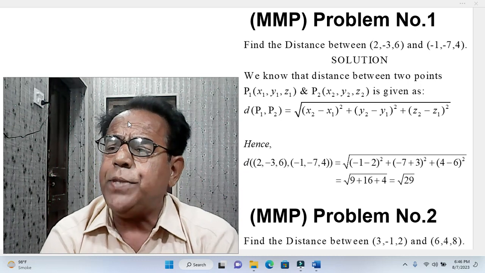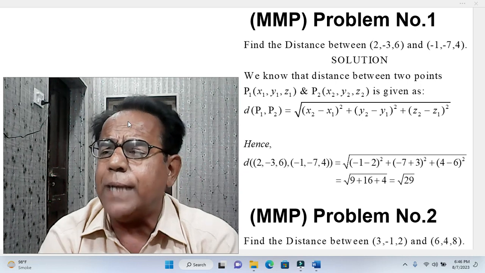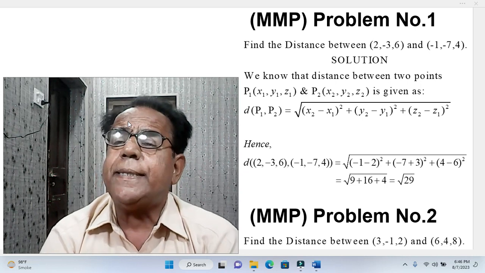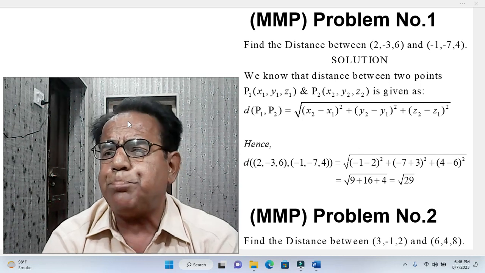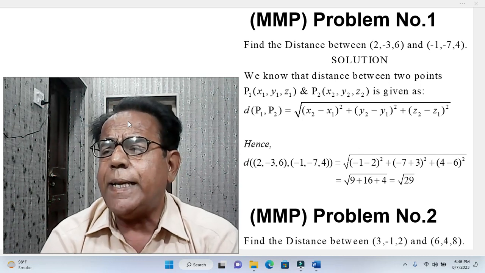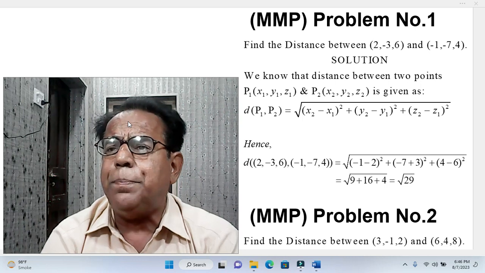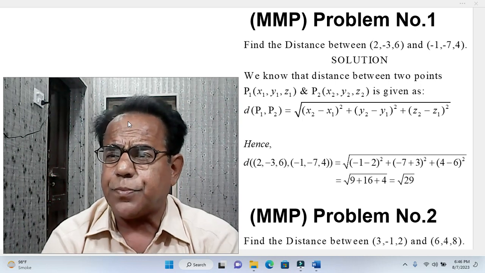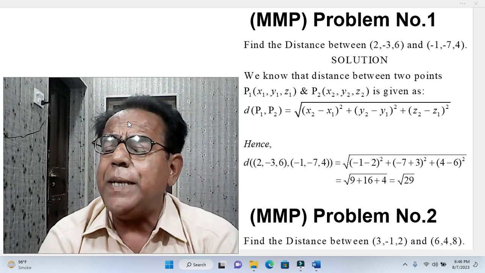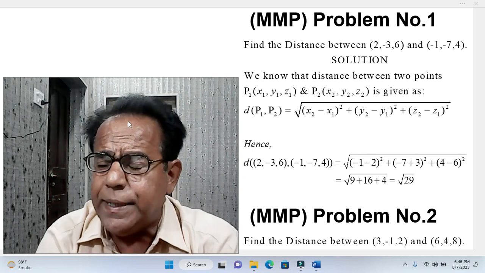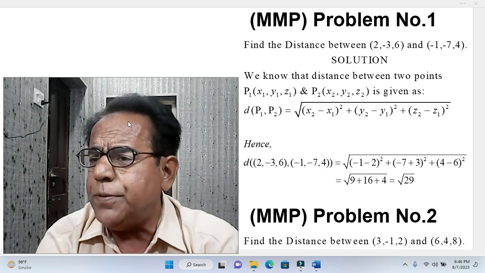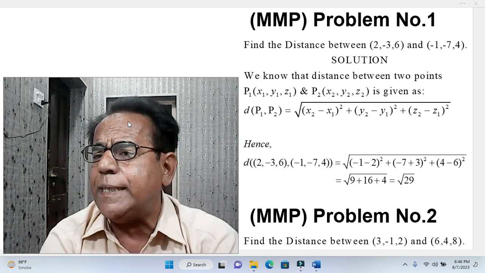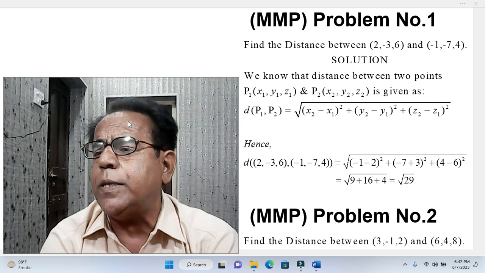The benefit of this square is that we can never get a minus answer, because square of any real number can never be negative. Square of any imaginary number may be negative. So we have gotten 9 plus 16 plus 4, which is equal to 29 under root.